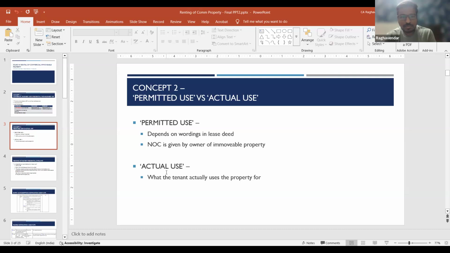One argument says that permitted use presides over actual use, but to my understanding, actual use is what is to be taken up for deciding whether a property is a commercial property or a residential property. Before entering into the case studies, does anyone have any question or any other discussion on this point?